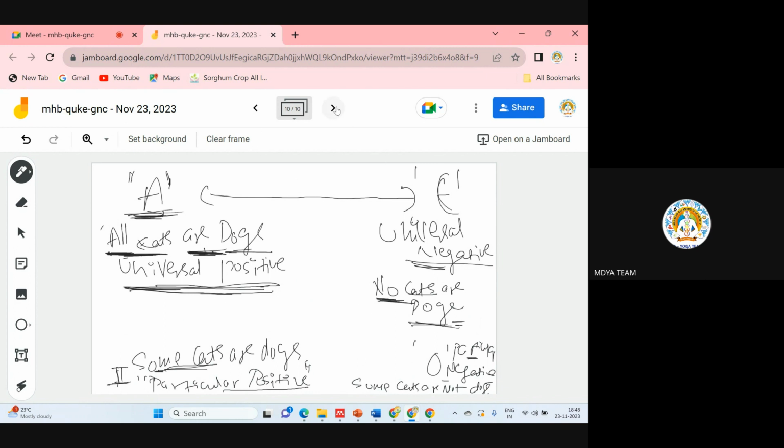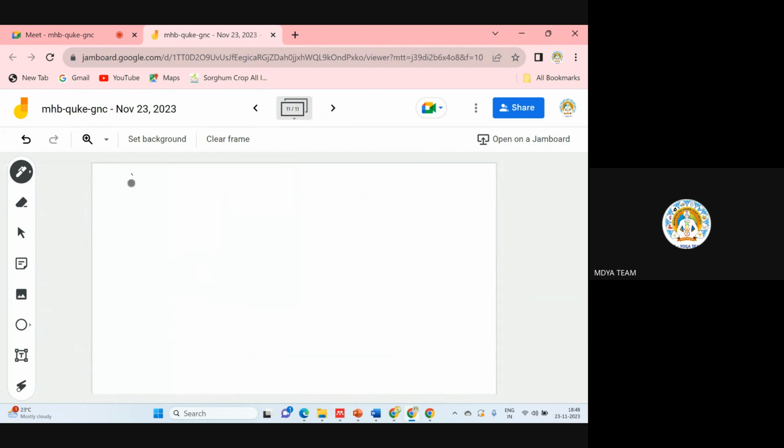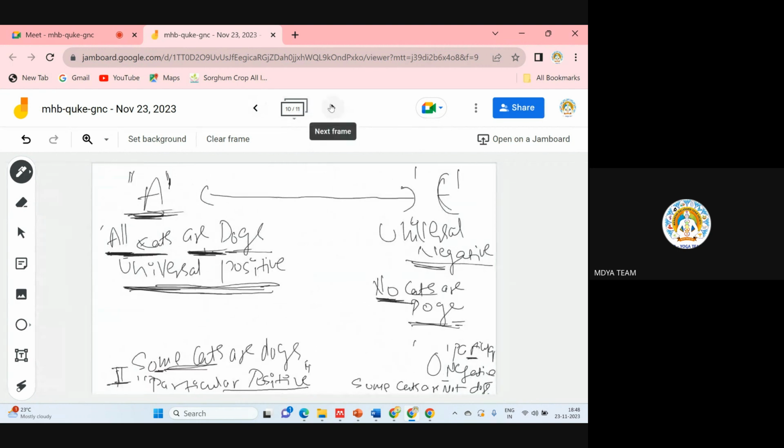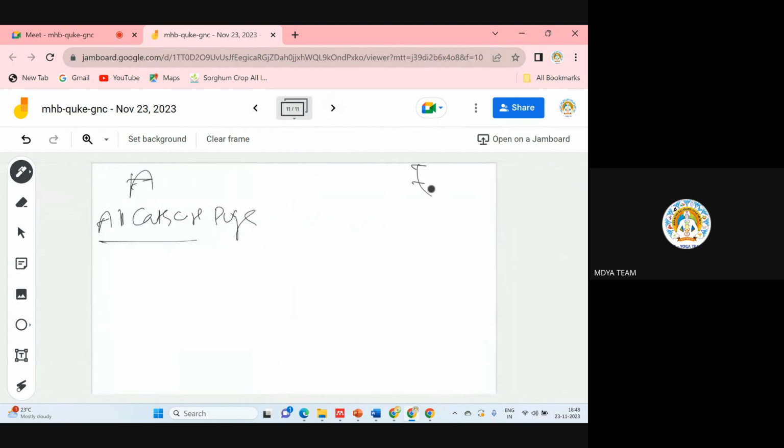Again, I am repeating this. A-type statement, universal positive: all cats are dogs, meaning a relation between the classes is there. Next is E-type statement, universal negative: no cats are dogs.